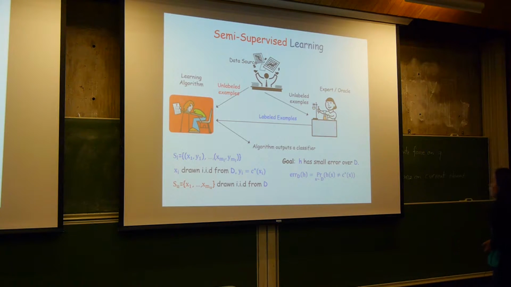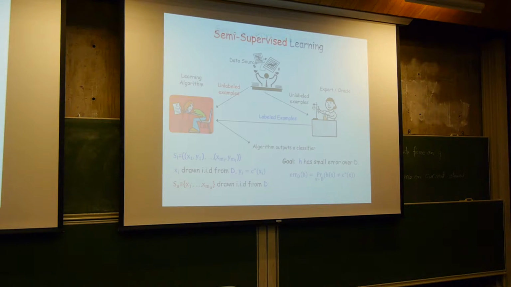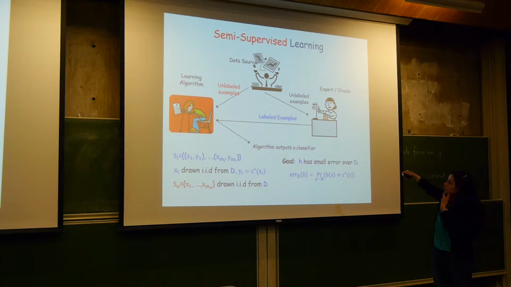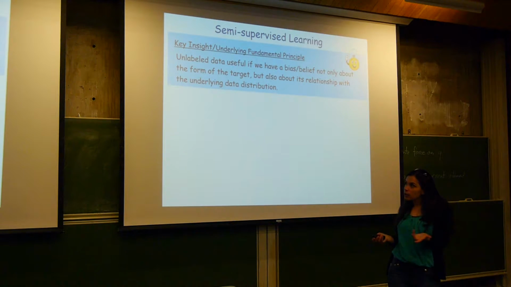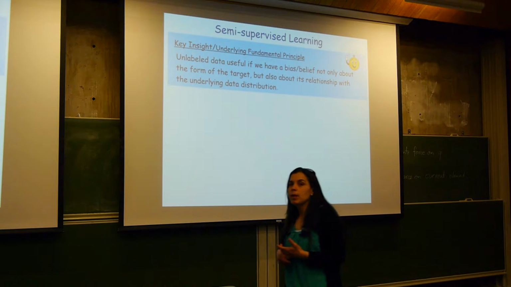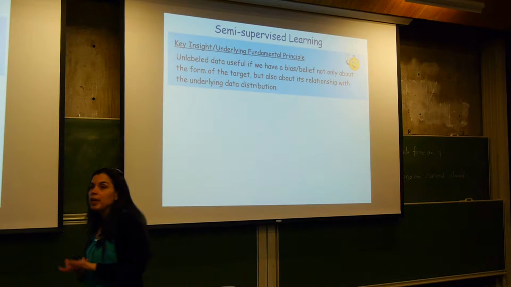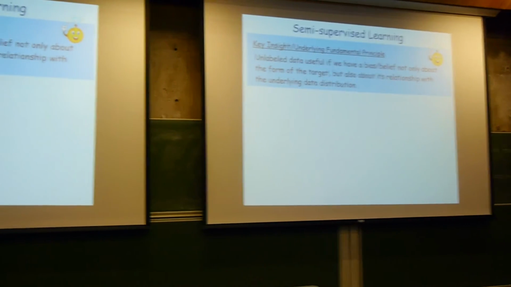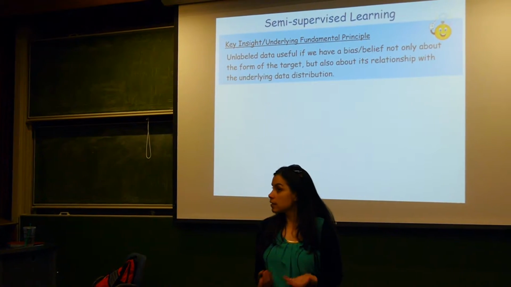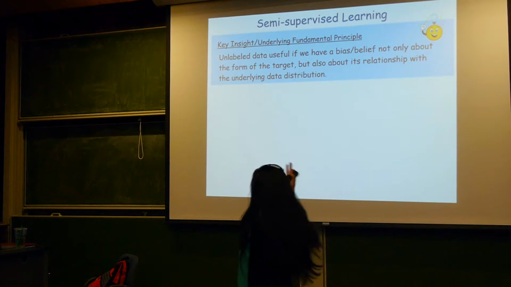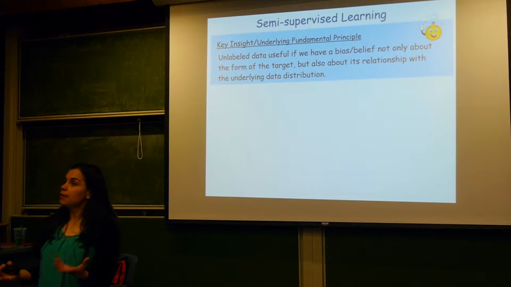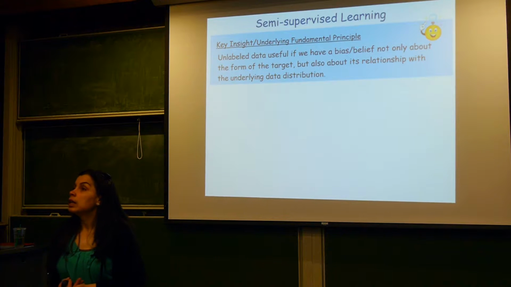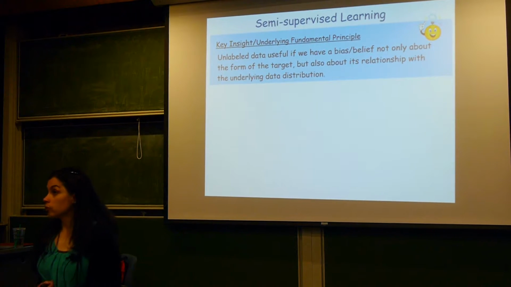And last time we discussed what unlabeled data can do for us in this setting. Unlabeled data can help us in drastic ways in the case where our inductive bias or belief about the world involves not only beliefs about what the target function looks like, for instance, a linear separator, but also beliefs about how the target function relates to the underlying data distribution.